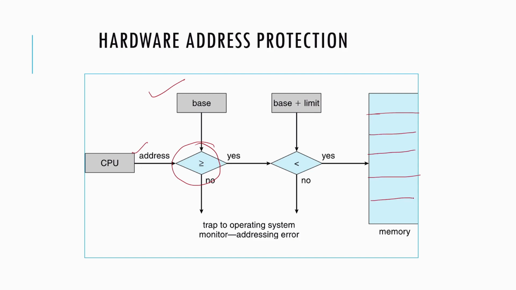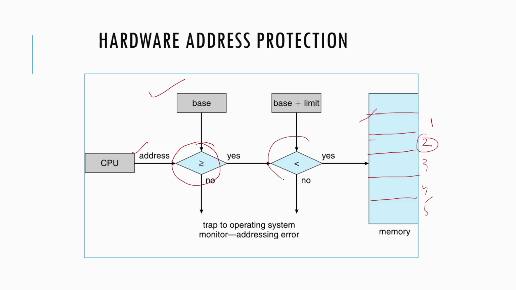Suppose I am going to check the second partition, so I will check the base register for that. If it is greater, it will be allowed and will come here.